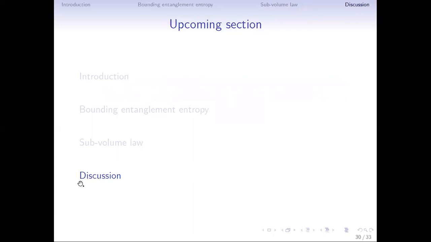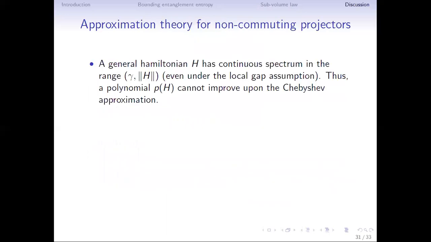Now let's discuss some future directions and open questions. Recall that a general Hamiltonian H has continuous spectrum in the range gap to the normal Hamiltonian. This is true even under the local gap assumption that we assumed for this talk. Thus, a polynomial of the Hamiltonian itself cannot improve upon the Chebyshev approximation, which is known to be optimal for this kind of approximation.